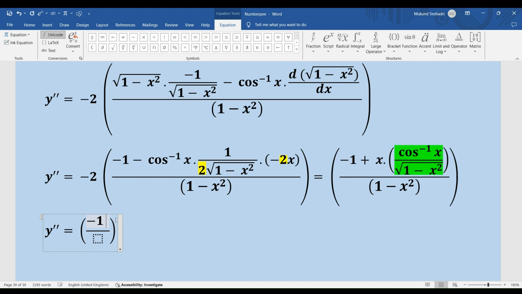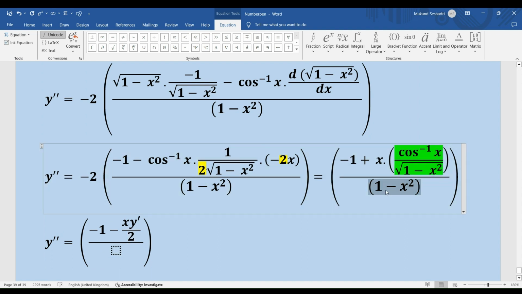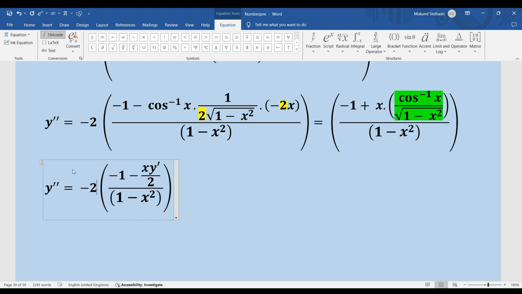So what happens to this is minus x y dashed divided by 2 is what we get here, right? And then I have a 1 minus x square in the bottom, right? And remember, folks, I still have my minus 2 out here. And therefore, my y double dashed is minus 2 times minus 1 minus x y dashed by 2 whole divided by 1 minus x square, right?